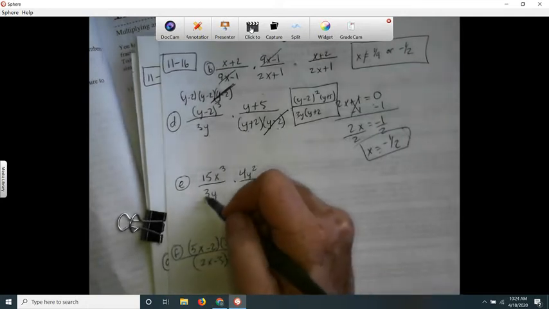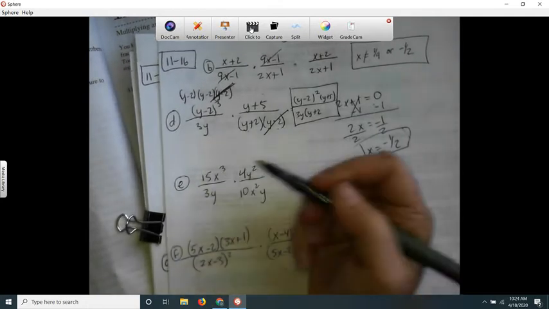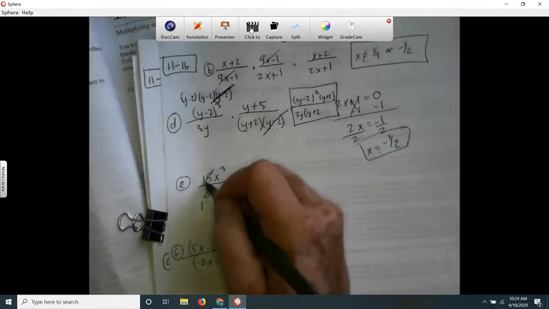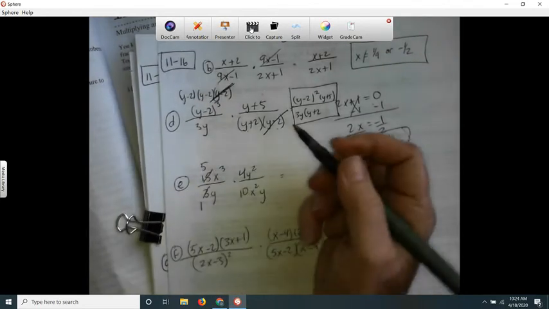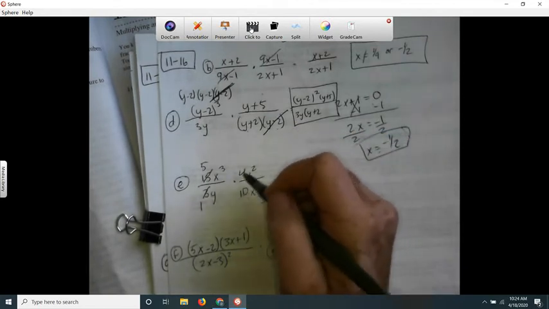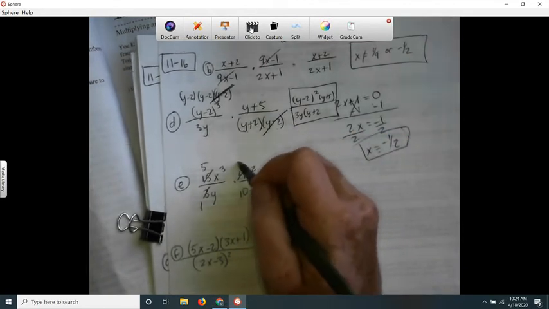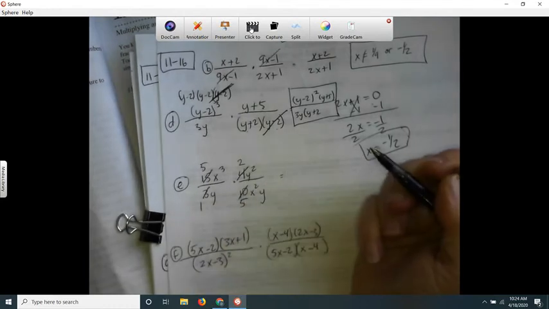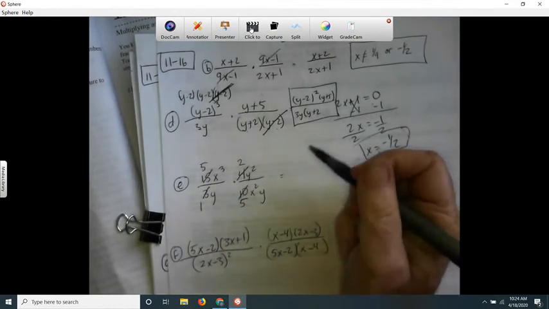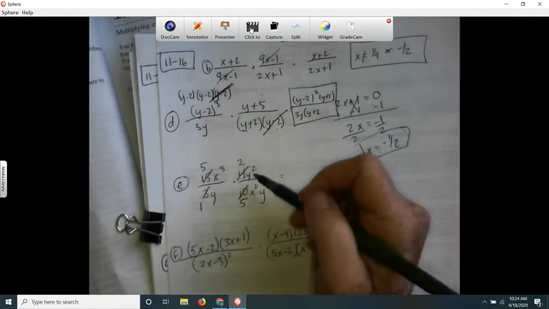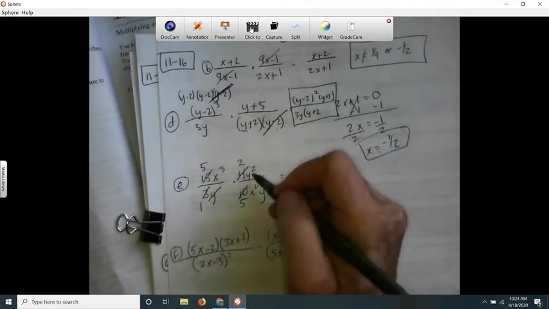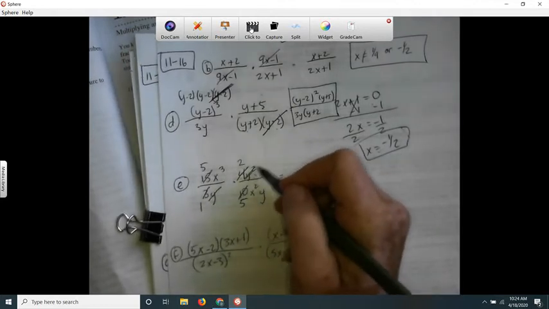So if I divide this one and this one by 3, 3 goes into itself once, 3 goes into 15 5 times. I'm going to divide these both by 2. 2 goes into 4 twice, 2 goes into 10 5 times. Now, I see that there's a y here and 2 y's up here, so I'm going to cancel this y out, and there's going to be 1 y left.